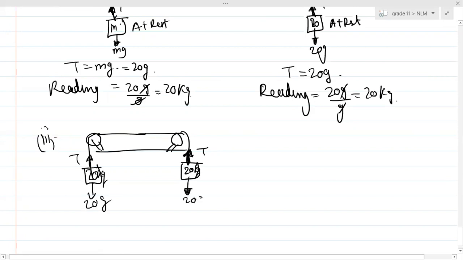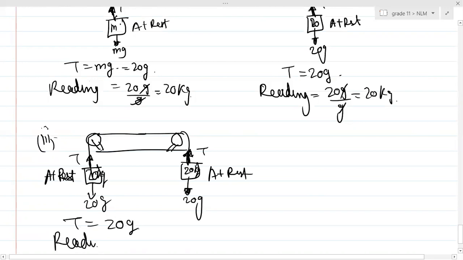Will there be any movement of the block? Can you see the driving force on both sides is equal? So there will not be any movement of this block. So here also the tension will be equal to 20g, and the reading will be equal to 20 kg. Are you getting my point how to do this question now?